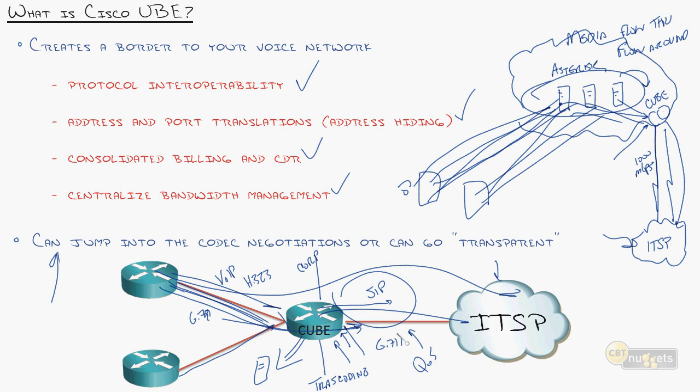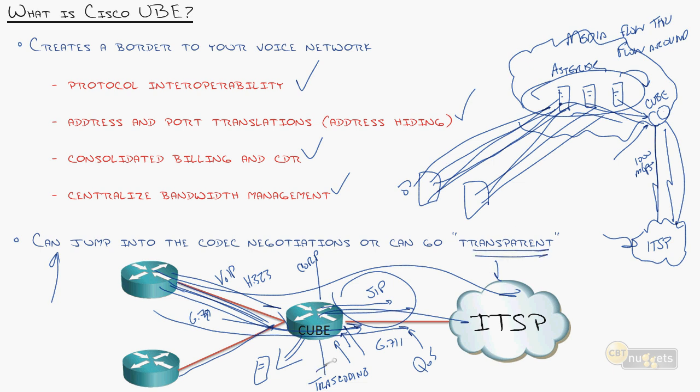Codecs. So to where the Cube router in the middle can translate between the codecs, or it can go transparent. And what that means is it's doing all the signaling, it's setting up the call, but as the codecs are passing through it, it can still do the address hiding and all that, but it can just say, look, I'm not going to touch that. Whatever codec you want to use. And I would say usually that's better.